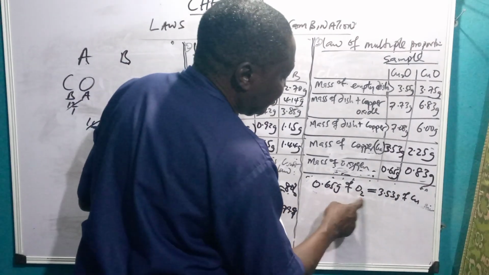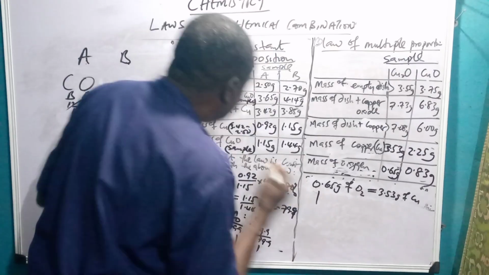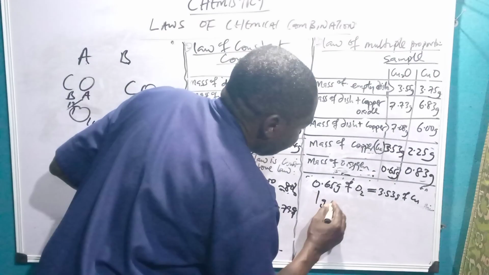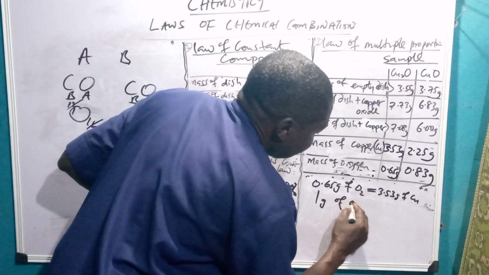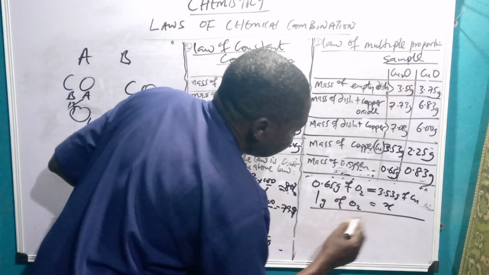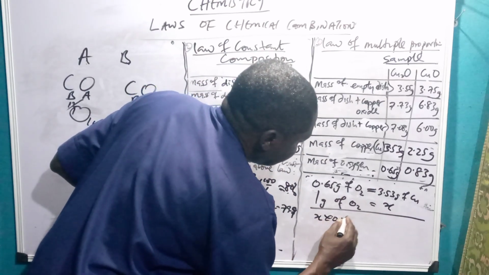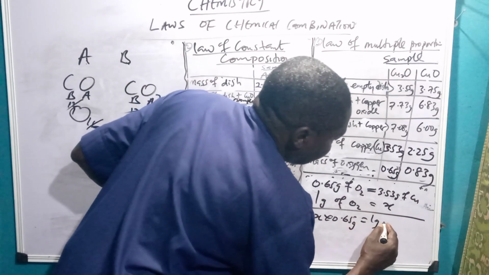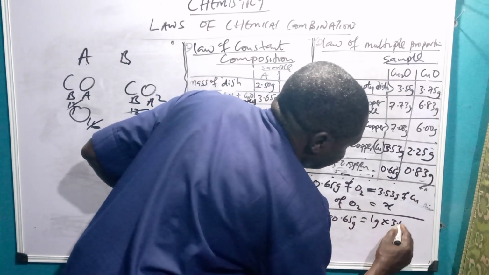0.65 gram of oxygen gave this. Therefore, 1 gram, because they must always give you 1 at the end of the day, 1 gram of oxygen will give you X. Cross-multiply: X times 0.65 gram equals 1 gram times 3.53 gram.